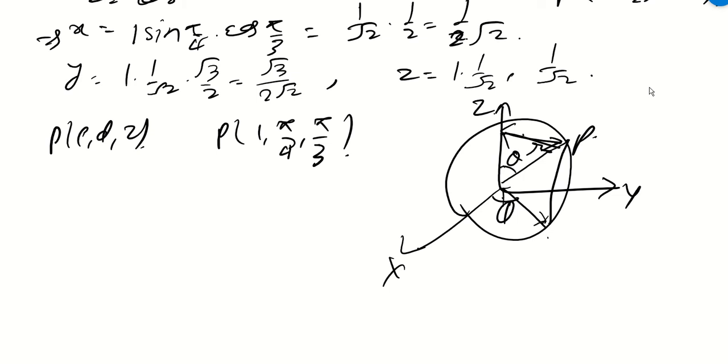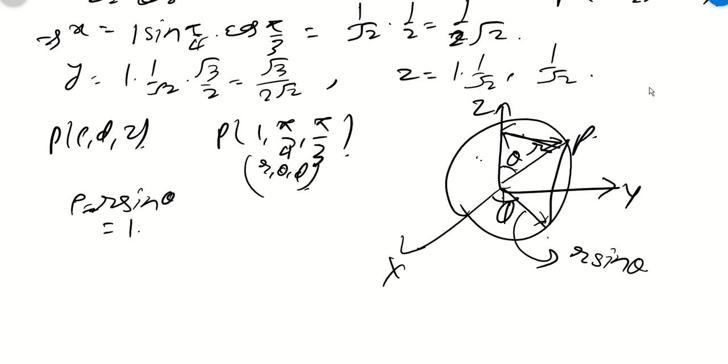So this is r sin theta, because r cos theta is this side and r sin theta will be the other vector component. So rho is 1 into sin theta, where theta is pi by 4. So r sin pi by 4 means 1 by root 2.